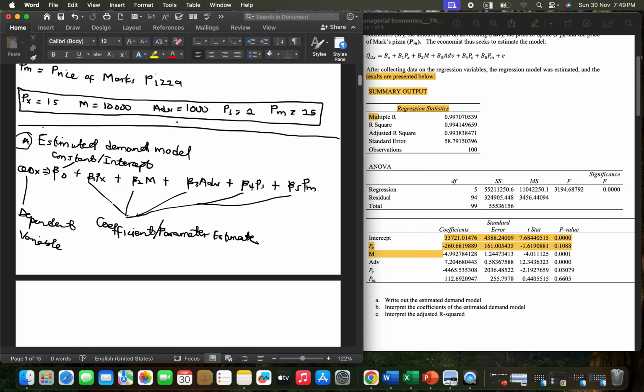With the px, the m, the advert, the ps, and the pn, they are the independent variables.